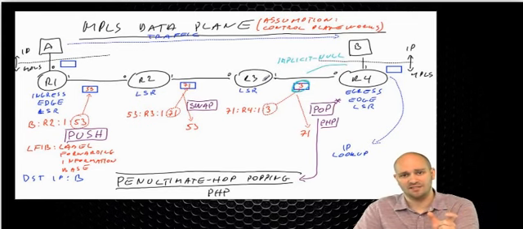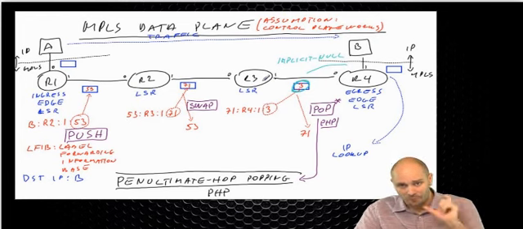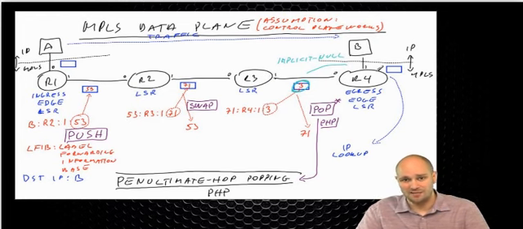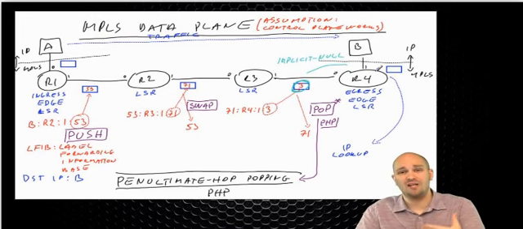If it's only one label on the stack, it would actually pop it and perform PHP, even though R4 expected to have PHP disabled. So I had mixed success with actually turning off PHP. But in some other scenarios, you actually have to do it.